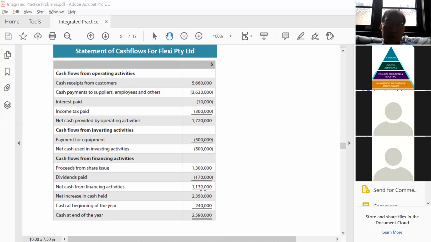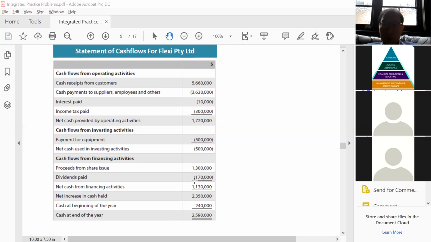So you can sort of check your work as you go through this exercise to see if you've made any errors. Now, if you find that this net increase in cash held is not equal to the change between opening and closing balances, then clearly there is an error somewhere.